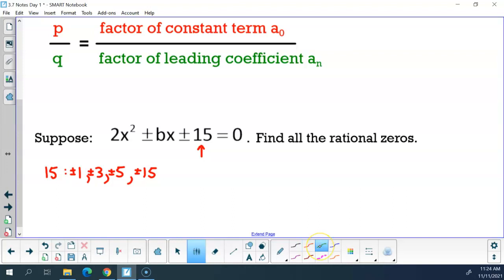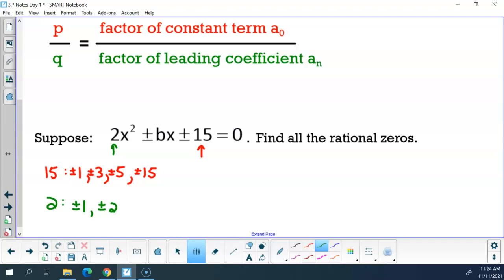Then what I have to do is take all of the factors of 2. What are the factors of 2? Okay.